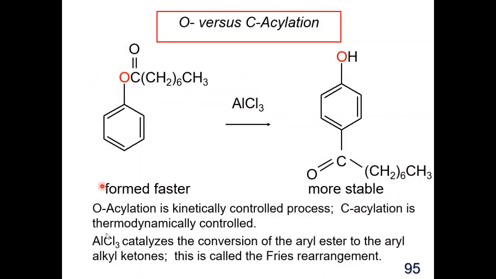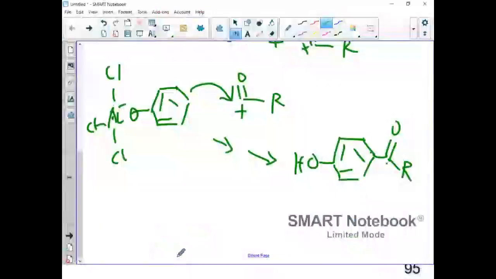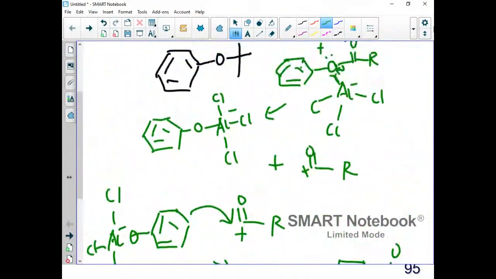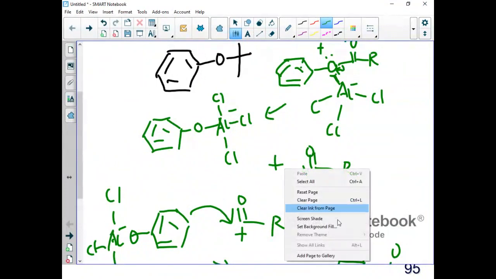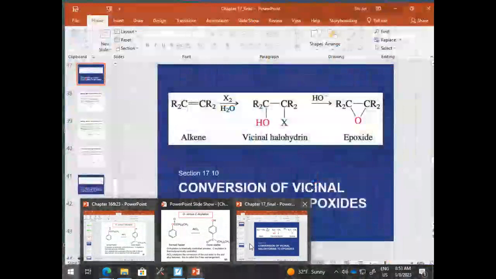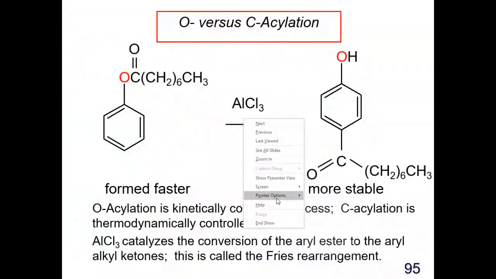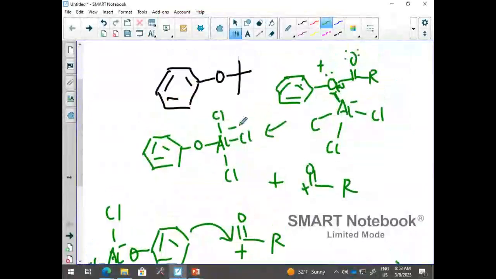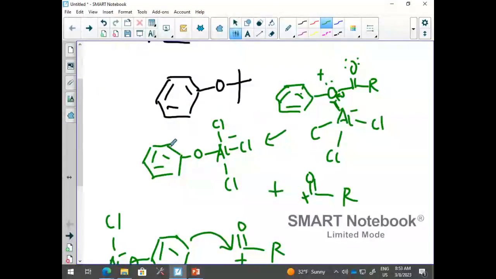Okay, so you form this complex, and then this complex can undergo ionization, giving you this acylium cation and this monoxide complex of aluminum chloride.